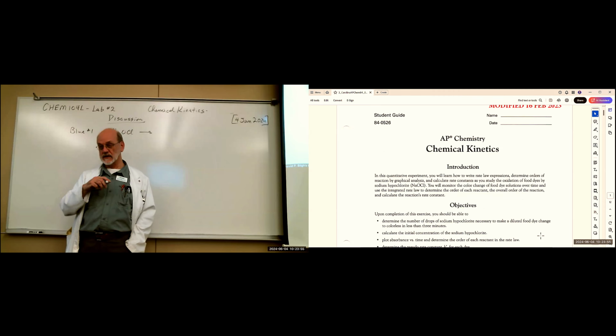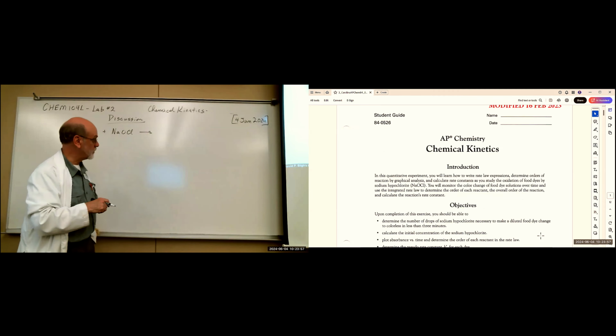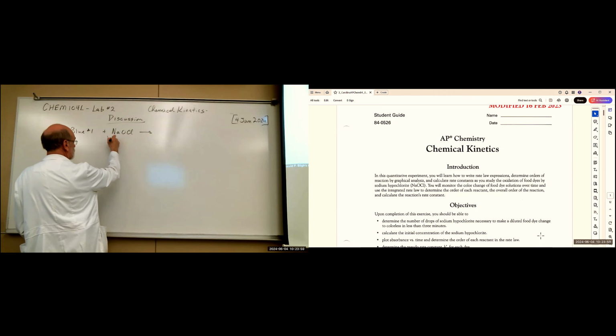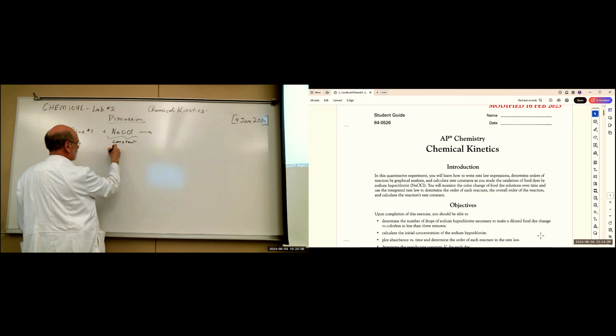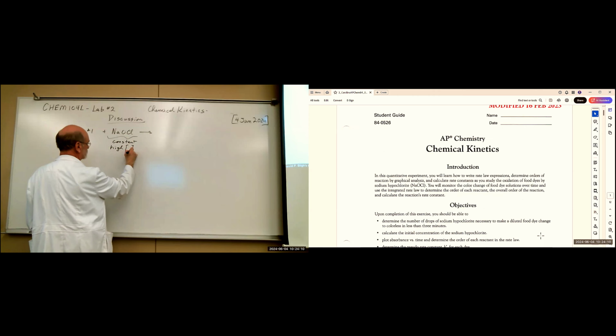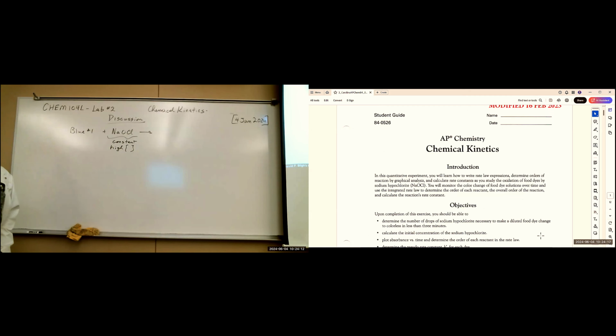The other one is essentially constant. So the way we do that is we make this constant concentration by making it constant high concentration. That keeps the bleach essentially fixed in concentration.